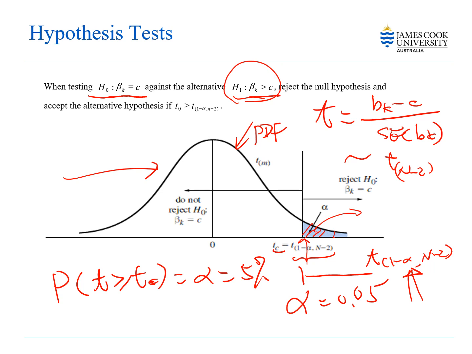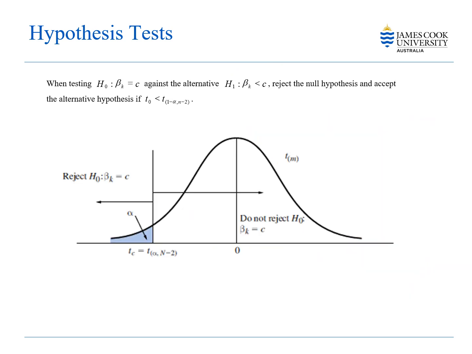So that's one possible alternative hypothesis. The second one is this sign: beta k is less than C. Our theory says that beta k should be less than C. Then we look at this tail.